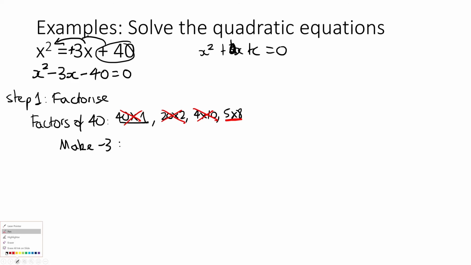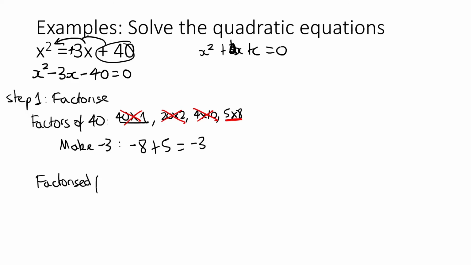With a negative, the negative means the bigger number will be negative. -8 plus 5, you end up with -3. Write out your factorized form. So it becomes x minus 8, x plus 5 equals to 0.